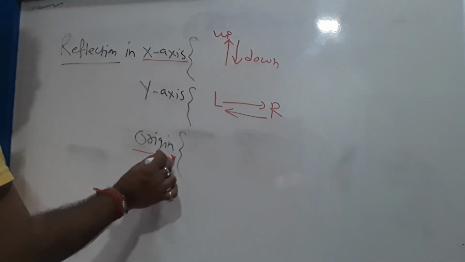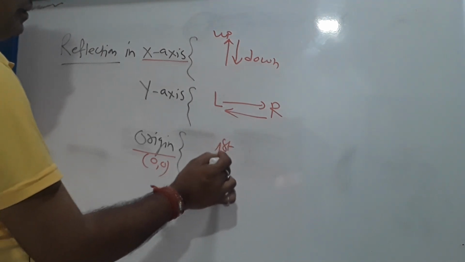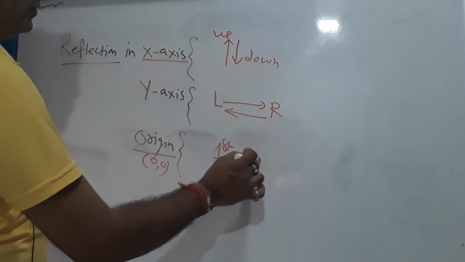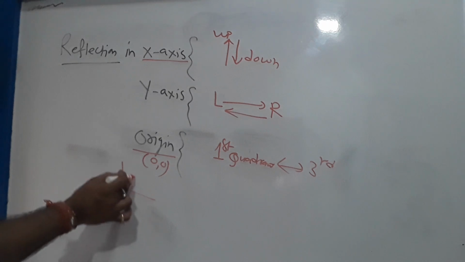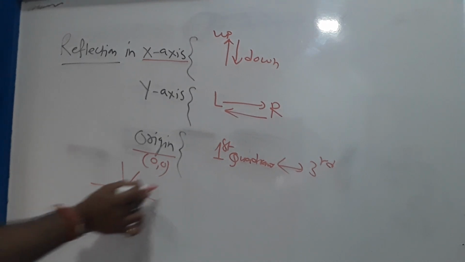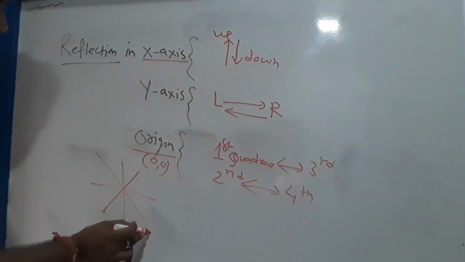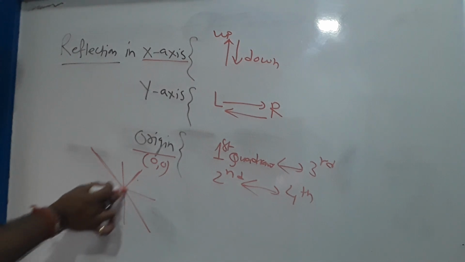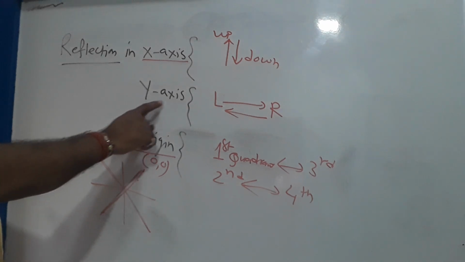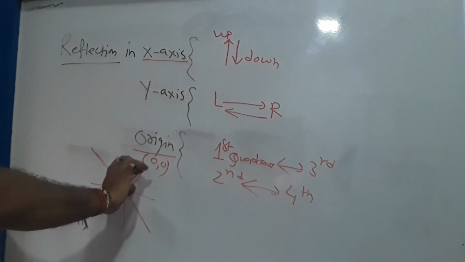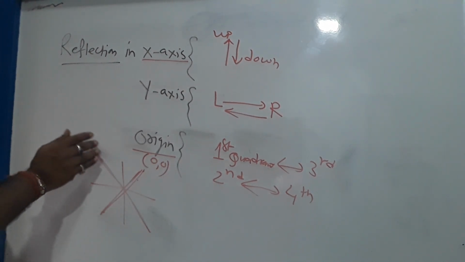And when it is reflection in origin (0, 0), the first quadrant point goes to the third quadrant, the second goes to the fourth, the fourth goes to the second, and the third goes to the first.